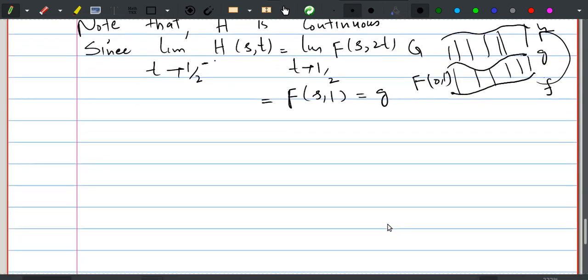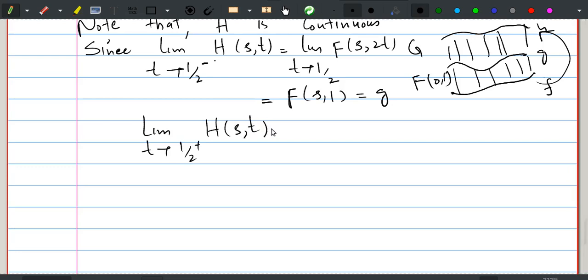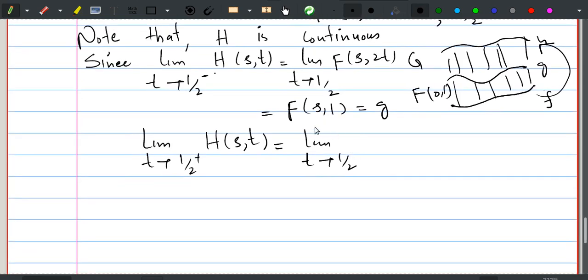Similarly, the limit as t goes to half plus, i.e. the right hand side limit, of H of (s,t) is the same as the limit as t goes to half. Now when t becomes bigger than half, we have this homotopy G over here.